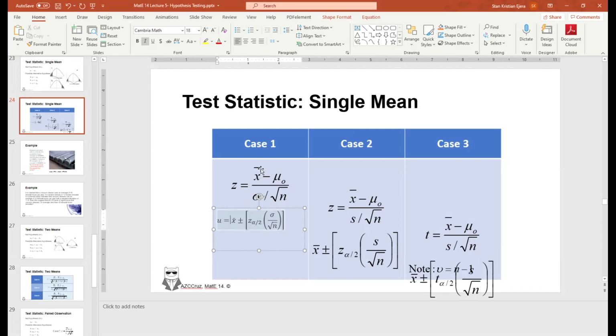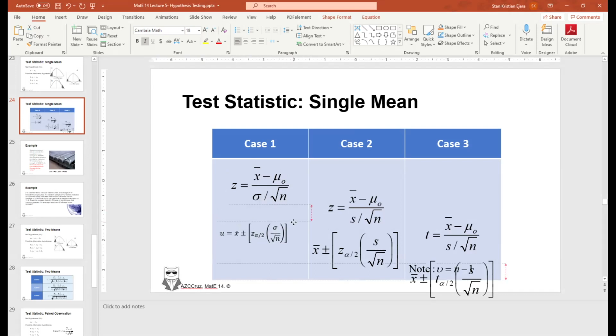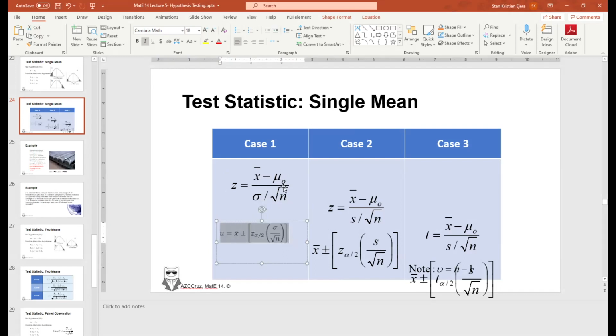Magiging z is equal to x bar minus mu naught over sigma over square root of n. Tama? So if we do the rearrangement, it should be equal to this value. Okay? Actually, dapat mu minus x bar. Kung positive yung, so negative yung kukunin pala natin na C alpha. Does that make sense? Wait lang, class.